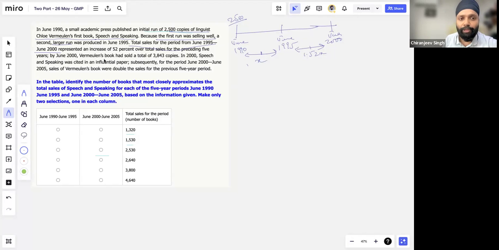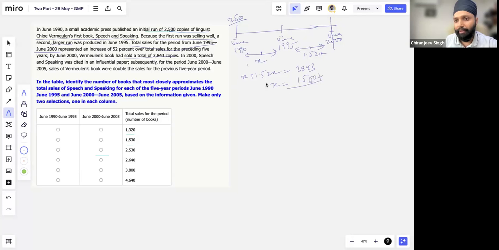So by June 2000, this book had sold a total of this many. So x plus 1.52x is equal to 3843. This is what we are being told. Now in data insights, you have access to calculators. You can calculate the exact number; it will come to some 1500 something.